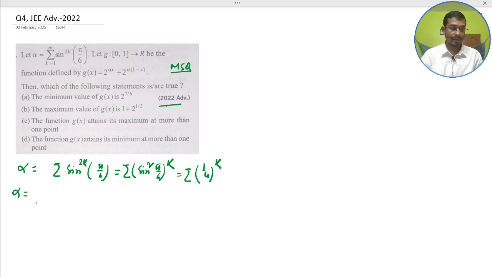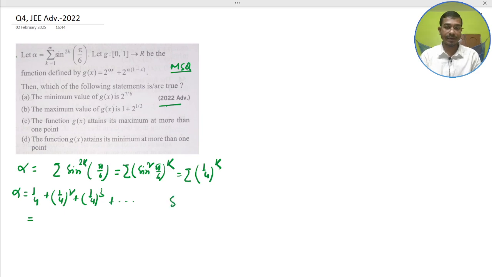So alpha, that be the 1 by 4 plus 1 by 4 square plus 1 by 4 cube plus dot dot. That should be what? This is an infinite series.